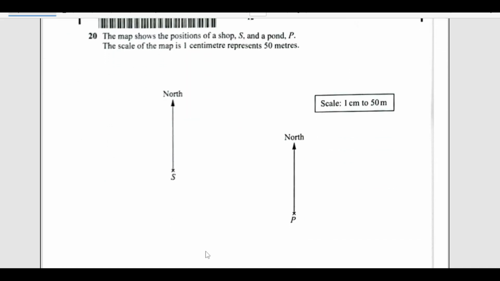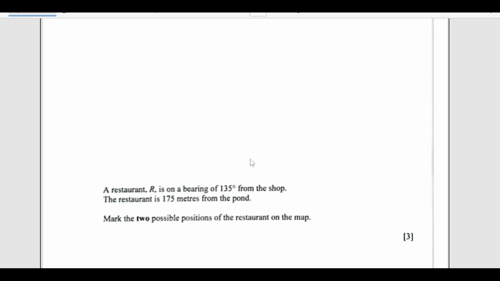Now number 20, the map shows the position of a shop S and a pond P. The scale of the map is 1 centimeter represents 50 meters. So the question is, a restaurant R is on a bearing of 135 from the shop.